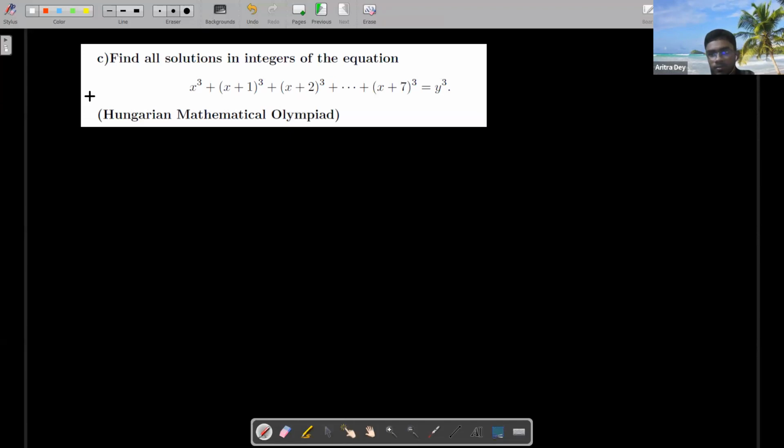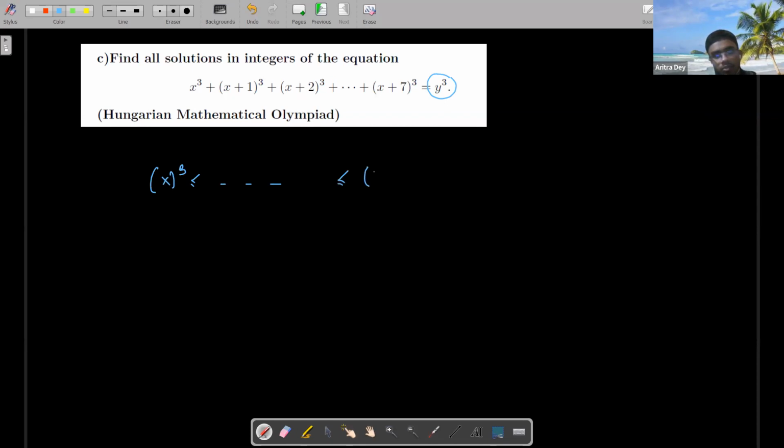The main concept is this: when we have things like a cube or square or any power, and you can see this type of problem in several exams, you have to bound it between two consecutive things, or maybe not consecutive, but between two others.